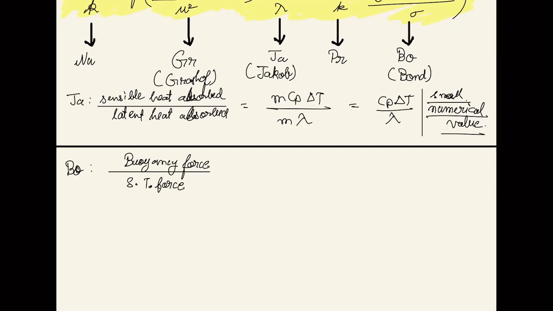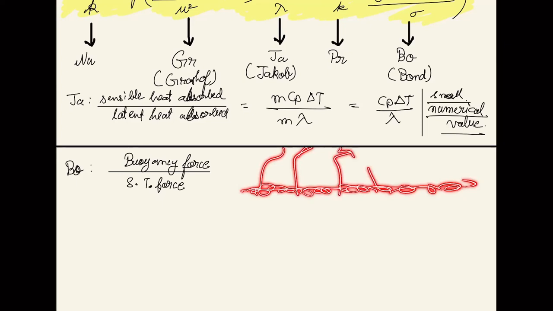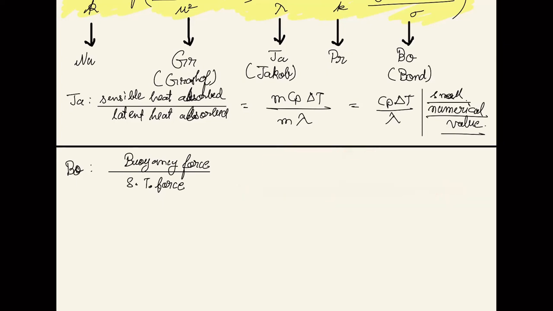If the bubbles are forming at the bottom and now they have to go out of the liquid, it is the buoyancy force that drives the process. Vapors formed at the bottom had to go up, buoyancy force was pushing them, and they go out. And if the vapors are getting formed at the surface of the liquid and vapor interface, it is the surface tension that plays a role, because they have to break it and go out. So this particular number, Bond's number, talks about this, and we'll see their particular roles in detail in the upcoming parts.